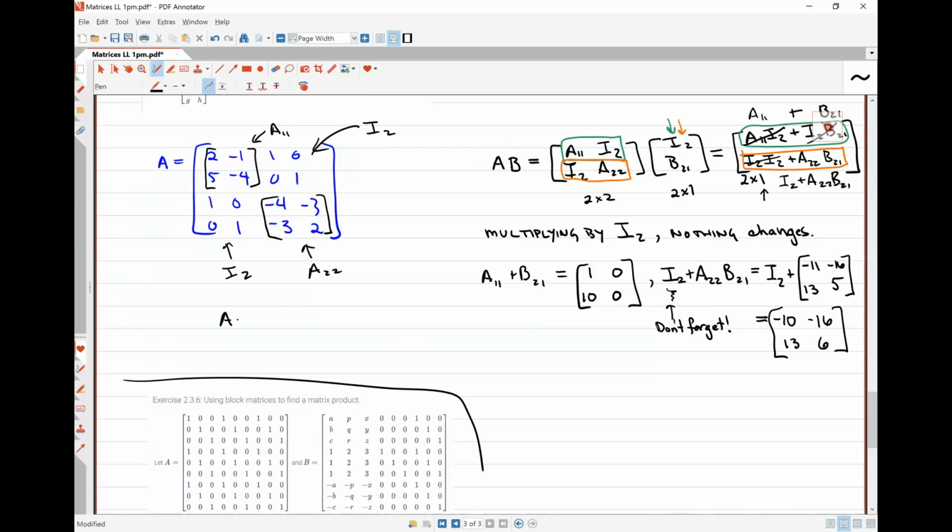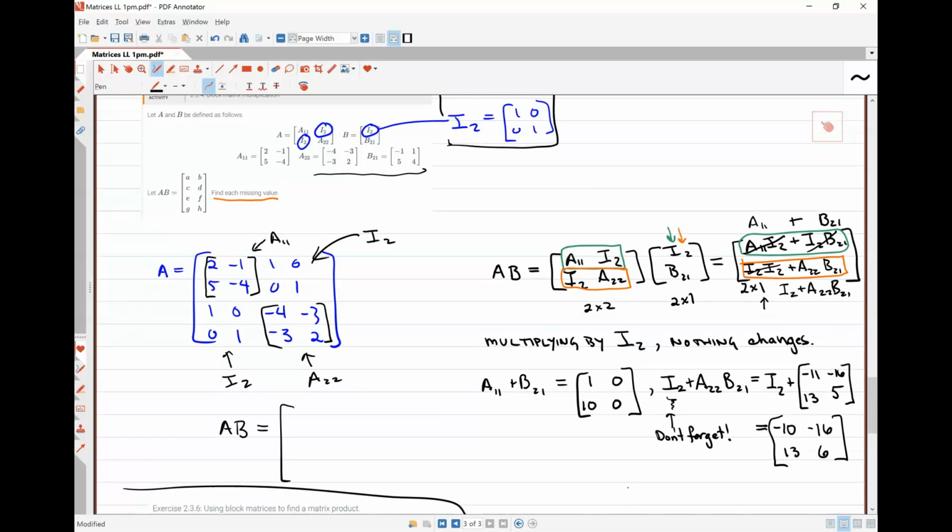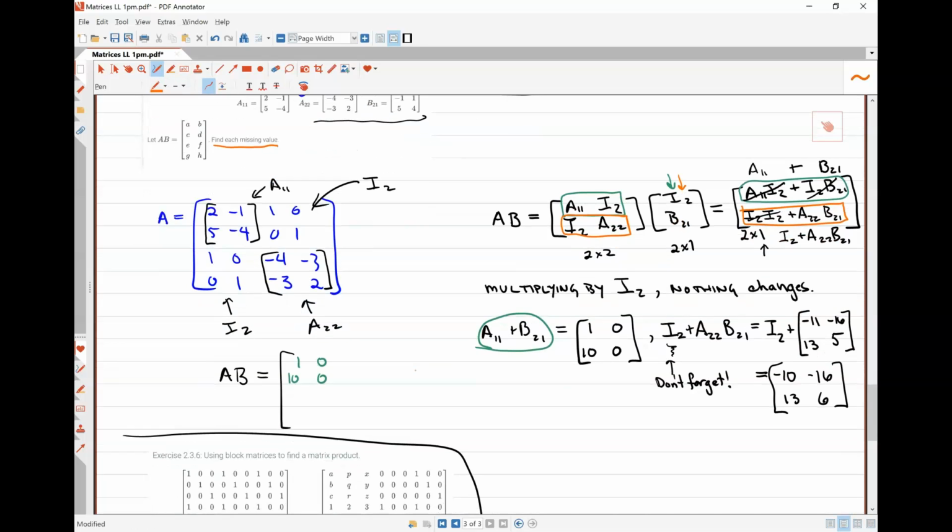So A times B is, let's see, we have on the top this part. The top of this matrix is going to be 1, 0, 10, 0. And the bottom of the matrix is coming from the product of those other blocks. The bottom of the matrix is minus 10, minus 16, 13, and 6.